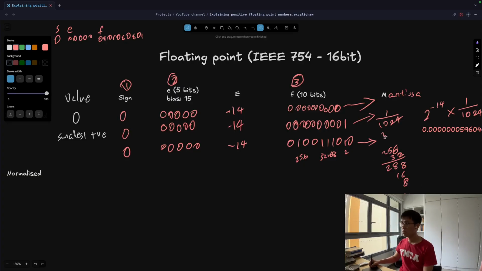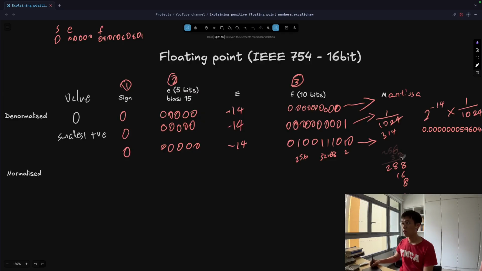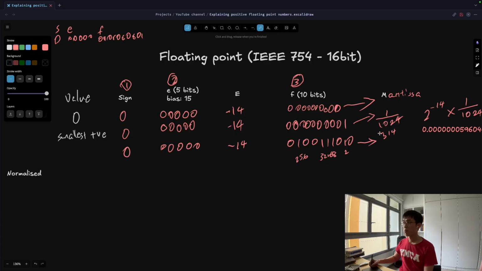So here the fraction is 314 over 1024, which means this value here is 2 to the negative 14 times 314 over 1024. And that is for denormalized values.